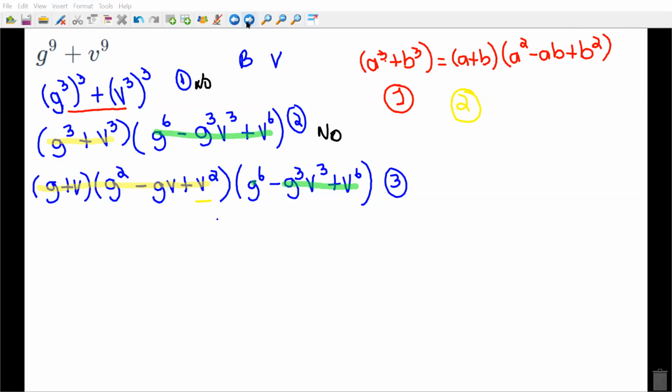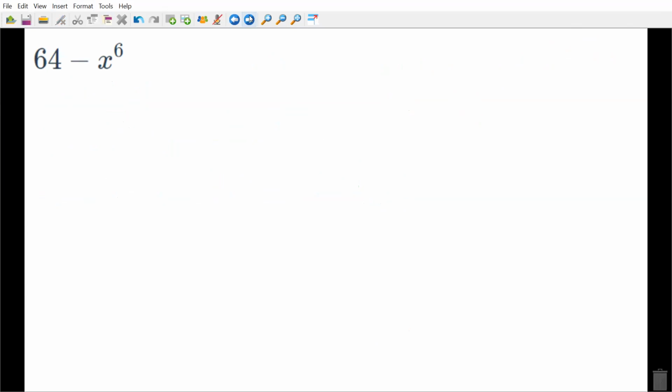Okay, Mr. Gomez. Guys, I'm going to give you 2 more minutes again to solve. Well, no, not 2, because you have to do factoring 2 times. I'm going to give you 3 minutes, okay? So you can solve this exercise. Remember, factor completely.